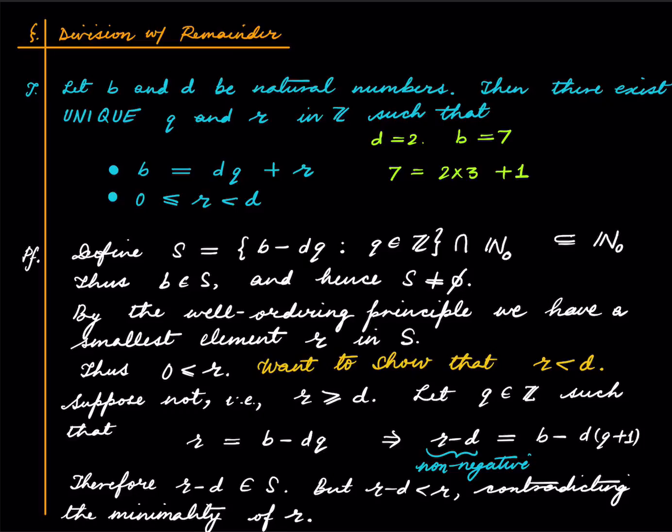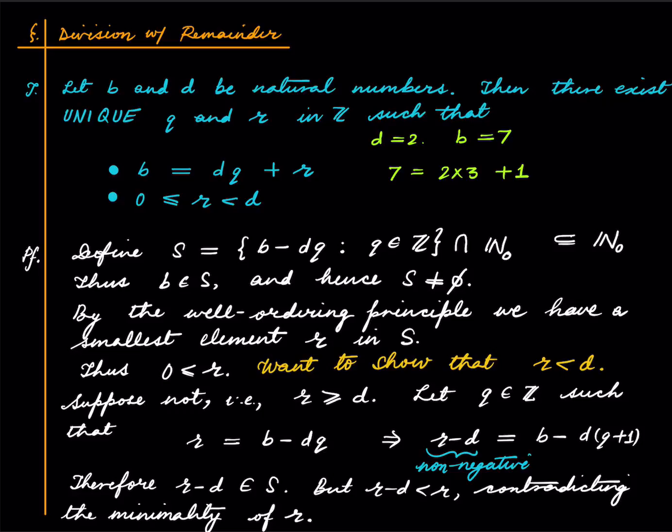R was the smallest element of S, but R minus d is even smaller than R, and it is also in S, as we argued, so it is a contradiction. So therefore this assumption must be false. The assumption that R is greater than or equal to d must be false, and we have proven this. So we have proven the existence of such an R.